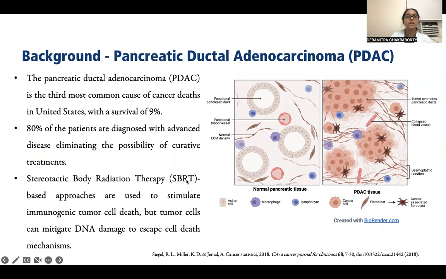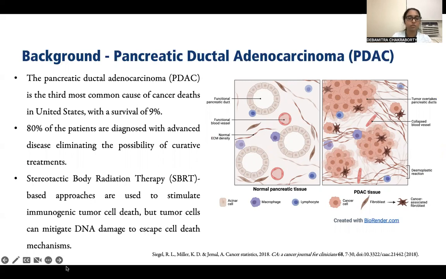Although SBRT-based approaches show some promising results in treating PDAC, as you can see here, compared to the normal pancreatic tissue, PDAC possesses a highly heterogeneous microenvironment.